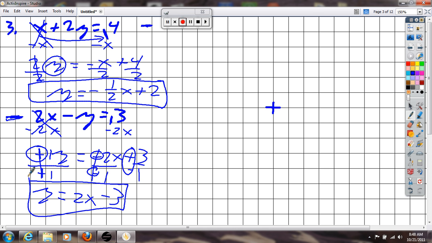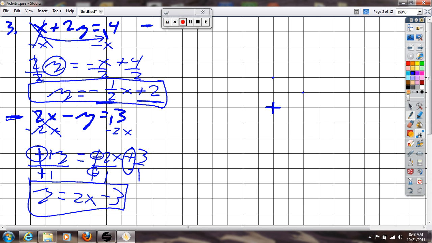And now I'm ready to actually graph. I'm going to graph the 2 equations in the boxes. The first equation, I start with a +2. I go to the origin, I go up 1, 2. So I'm there. My slope is -1/2. So from this point here, I'm going to go down 1 and 2 to the right. So it goes there.